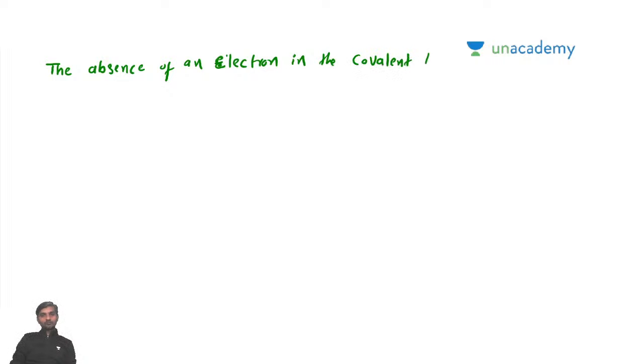The absence of an electron in the covalent bond is called a hole.